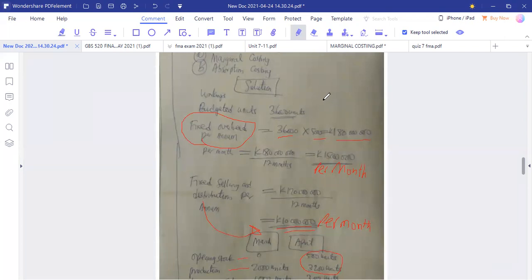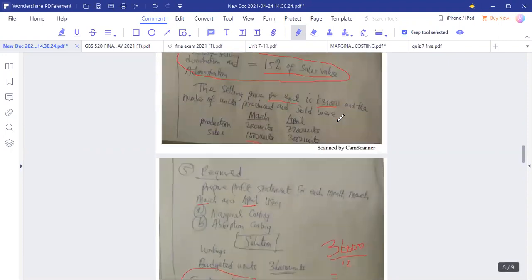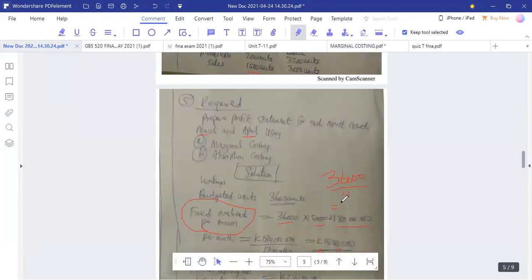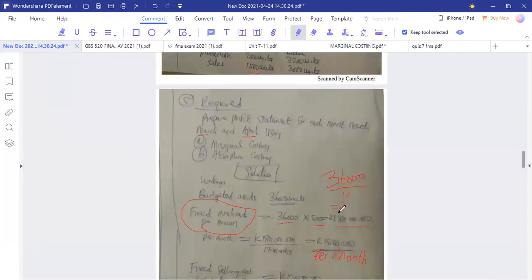So if we divide 36,000 by 12, we are getting our production for the month, which is 3,000.